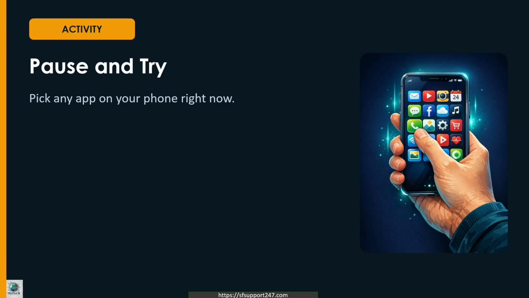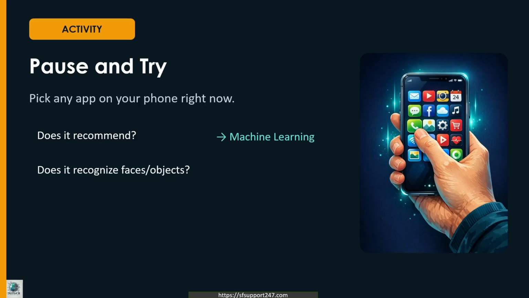Activity: pick up your phone and check any of the apps. Try to classify that app. Does it recommend anything, like machine learning if you open YouTube or Netflix? Does it recognize your face? There are some apps which unlock by looking at your face. If you have a bank account, to log into it using the mobile app, if face recognition is enabled, by looking at the face it unlocks and directly takes you to your account balances and other things, right?